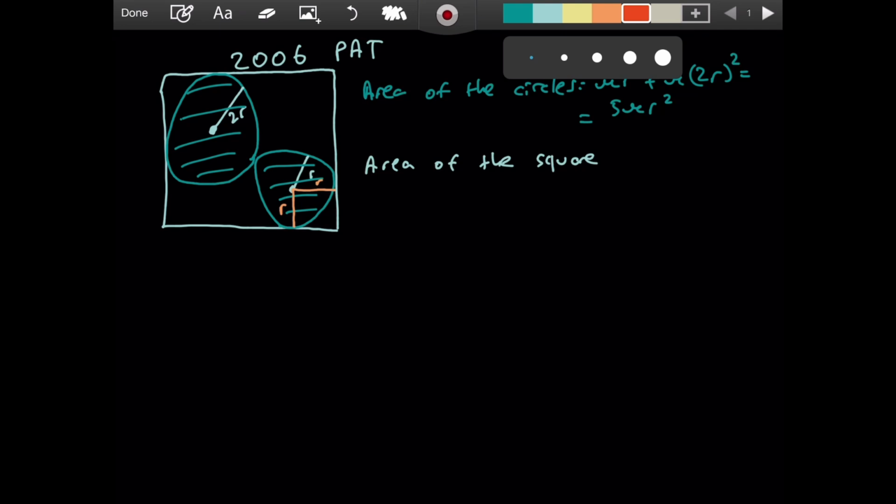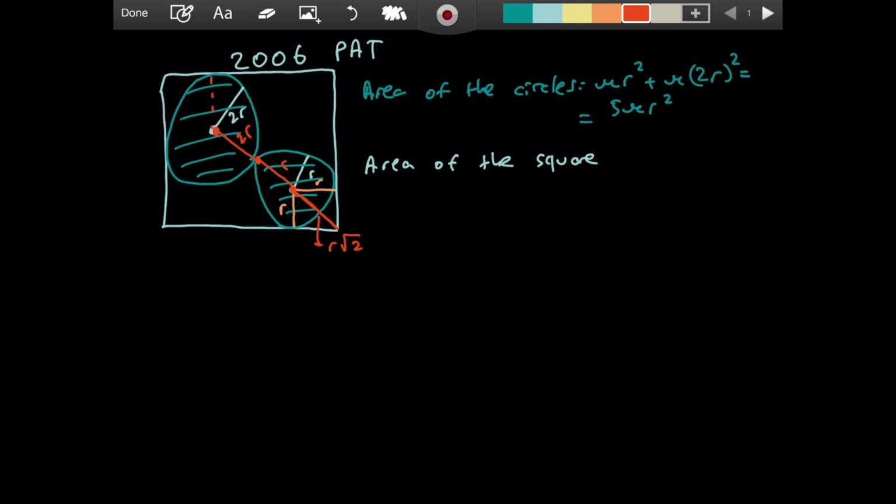And what is this red part? Well, it is going to be r squared plus r squared, that is 2r squared, and you take the square root, so that is just r square root of 2. Then we have this section, which is r. Continuing, you have this section, which is 2r.